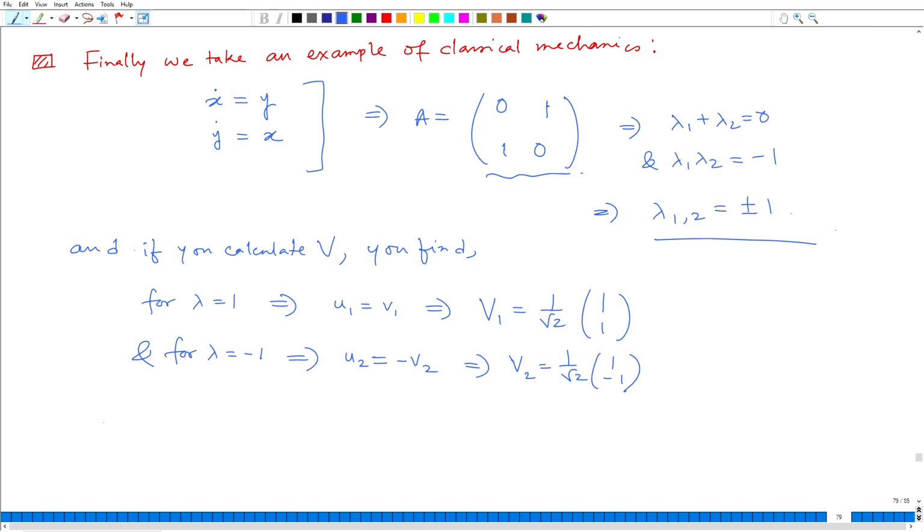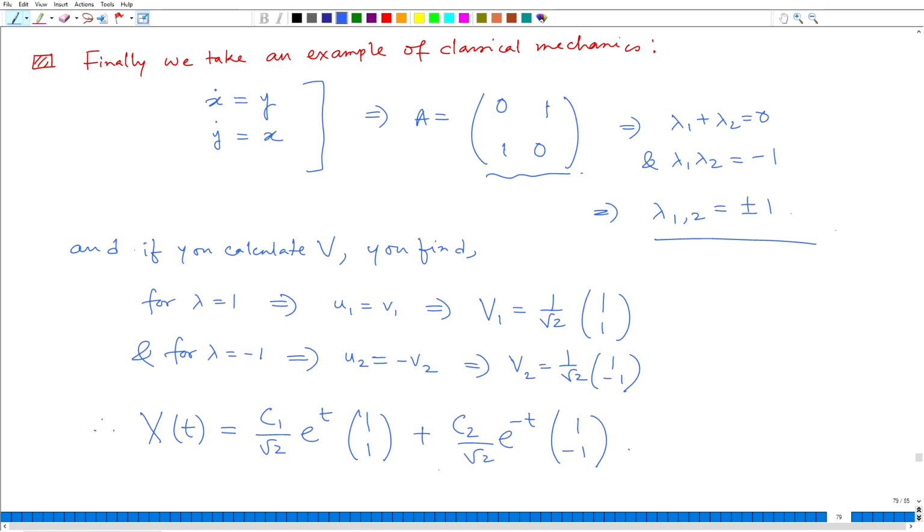Okay. And so, capital X(t) will be simply given by C1 over root 2 e to the t (1, 1) plus C2 by root 2 e to the minus t (1, minus 1). Okay.